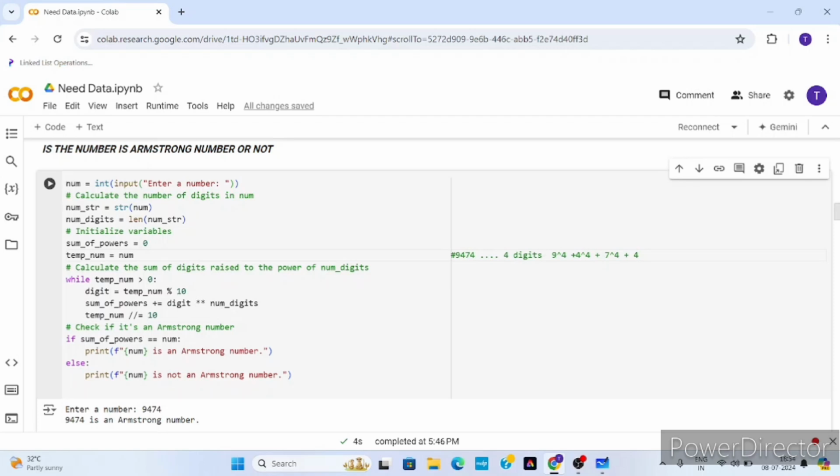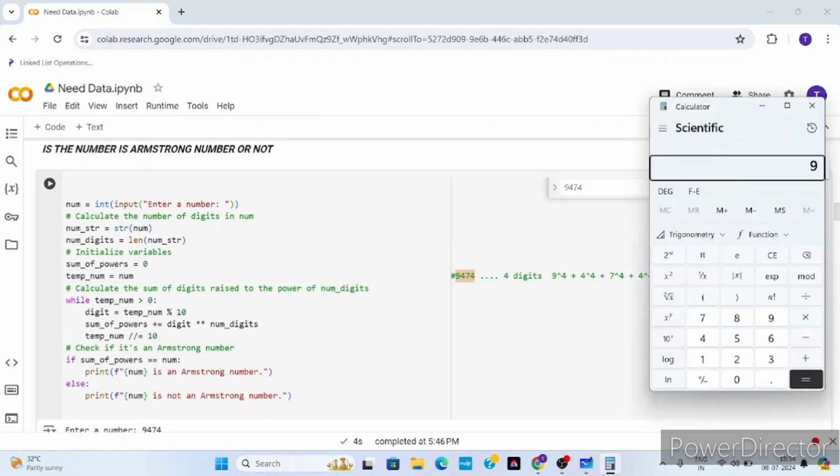If you calculate this value and it is equal to the same number 9474, it is an Armstrong number. So that's it. Let's calculate it also.